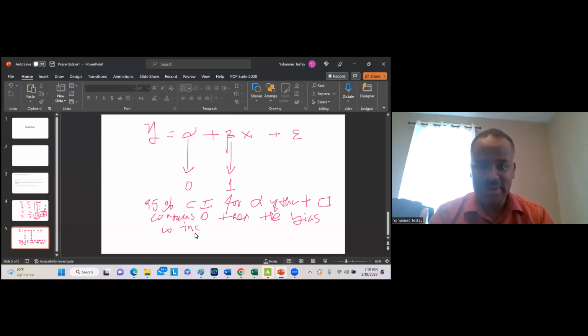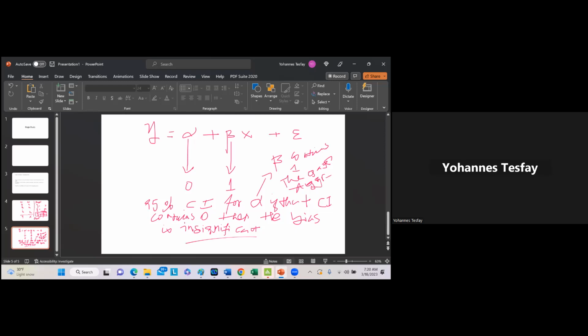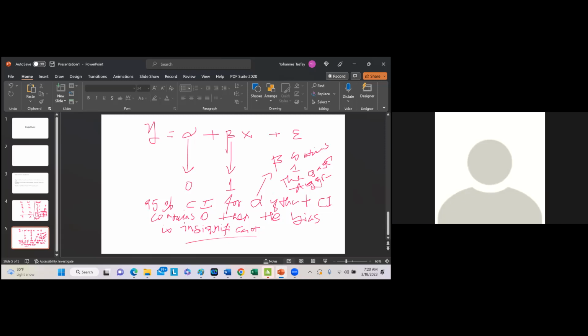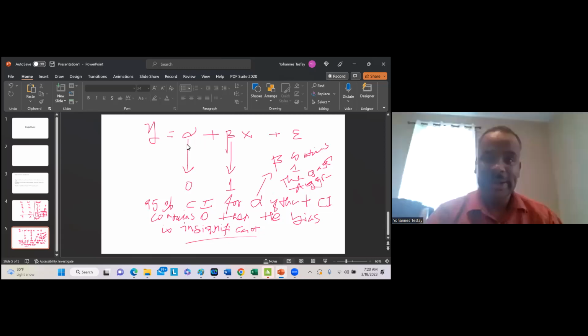If it contains one, then the agreement is good. You see, the gauge agreement is good, good gauge agreement. So that is how you are going to interpret for alpha and beta.